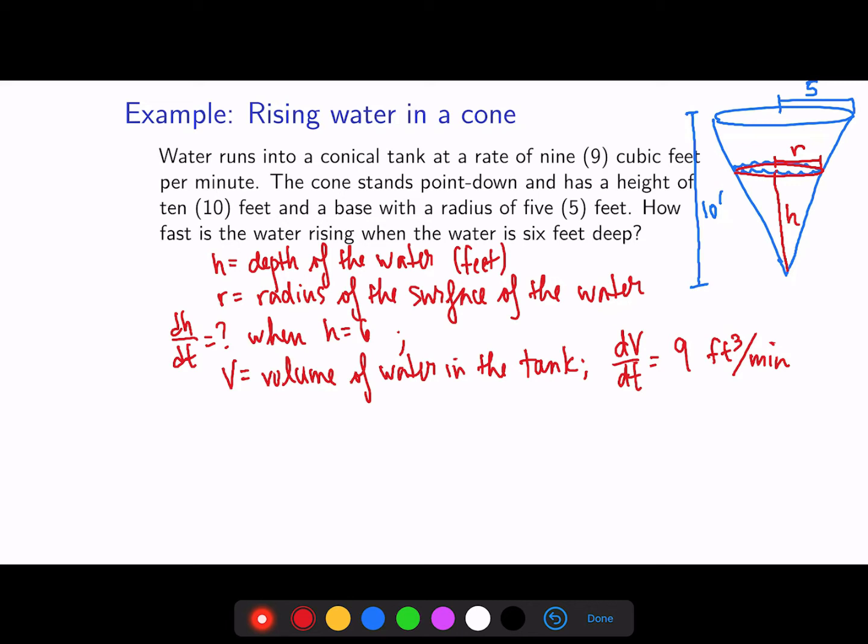So what I want to do is find a formula that relates volume, for which I have this information, to height, or the depth of the water, because I want to find this information.